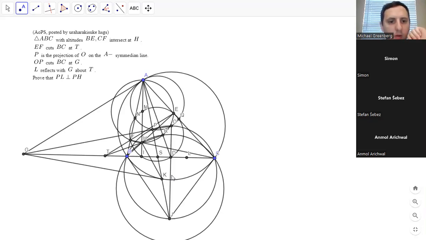We want to show that AMP and GPT are similar. Because M is the midpoint of AH and P is the midpoint of AK, we want to show that AHK is similar to GPT. Then, if we show that HK is perpendicular to PT, that means all 3 sides are perpendicular to the 3 sides of the other one, so they have to be similar.